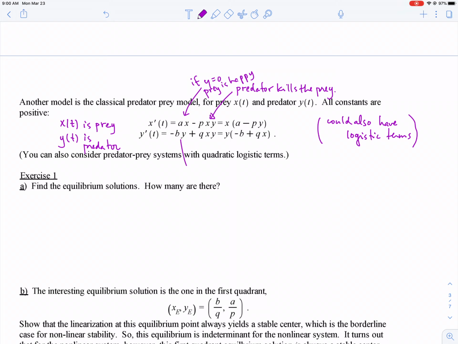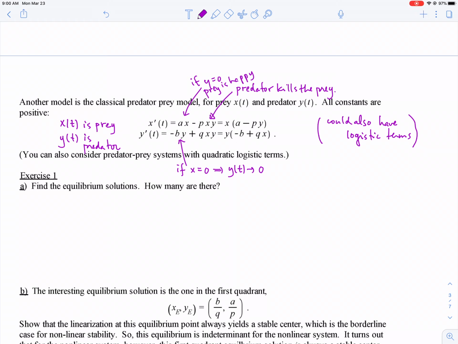Because if there's no prey, if x was 0, the predator would die out. I don't know if it would die out at an exponential rate or suddenly, but in this model it dies out at an exponential rate.